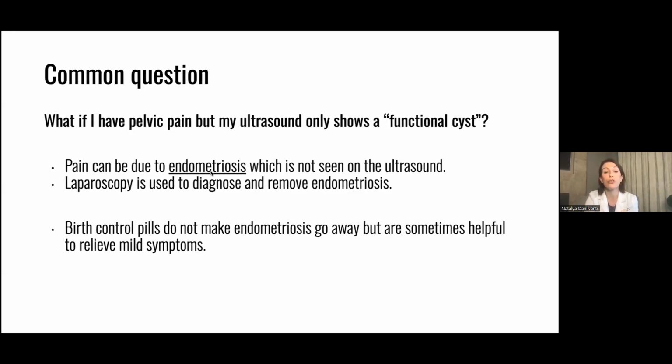Because endometriosis, little spots of abnormal tissue growing in the pelvis, cannot be seen on ultrasound. So you may be seeing a cyst, more of an incidental finding, but what you probably have is endometriosis. But in order to diagnose it and address it, a laparoscopy is required. Birth control pills do not make endometriosis go away, but they can relieve some of your symptoms.